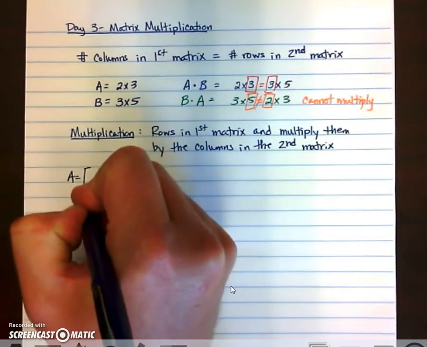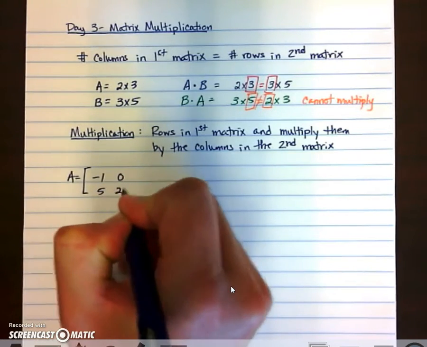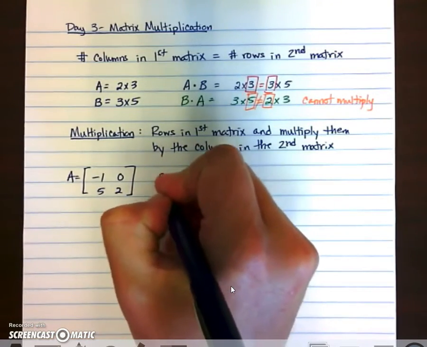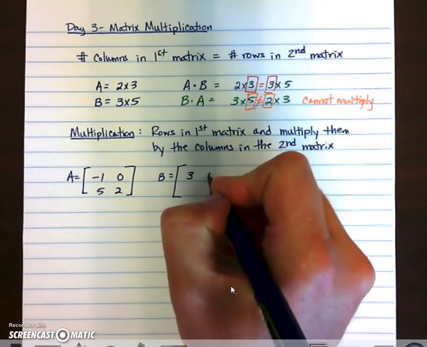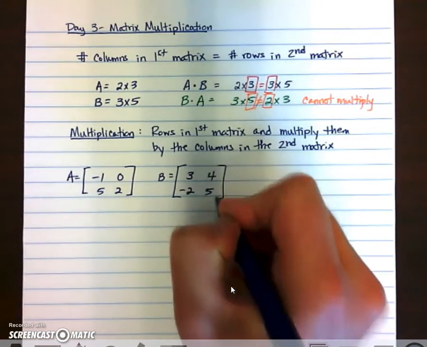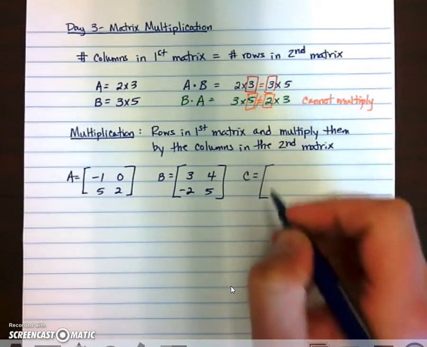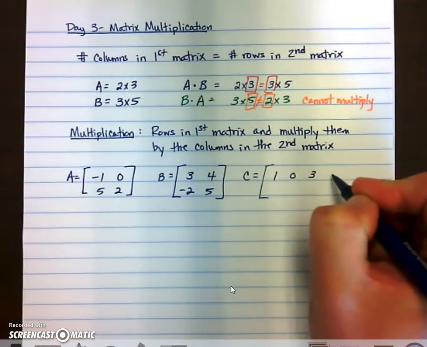So matrix A is going to be a 2 by 2: negative 1, 0, 5, 2. Let's make matrix B a 2 by 2 as well. And then let's make matrix C a 2 by 4.